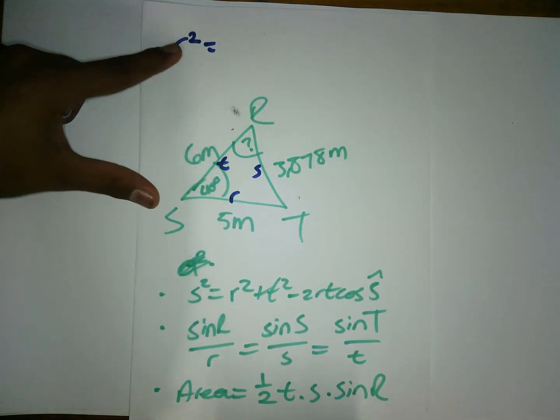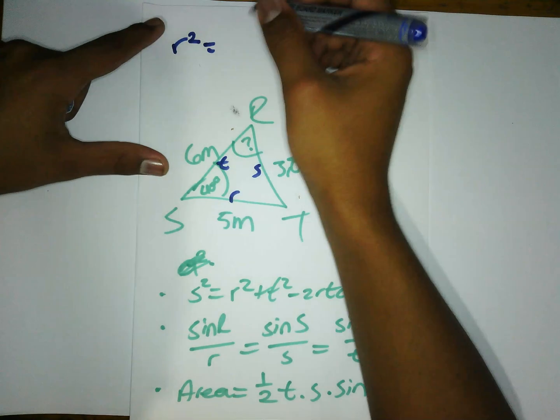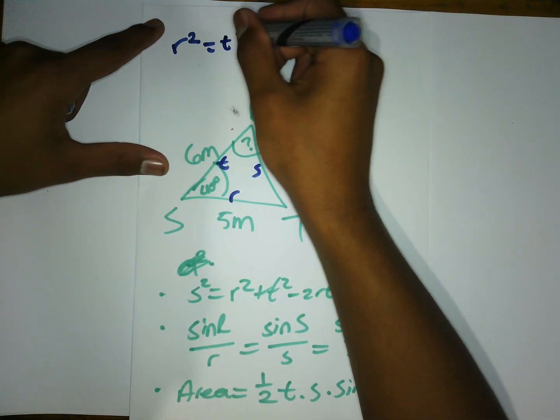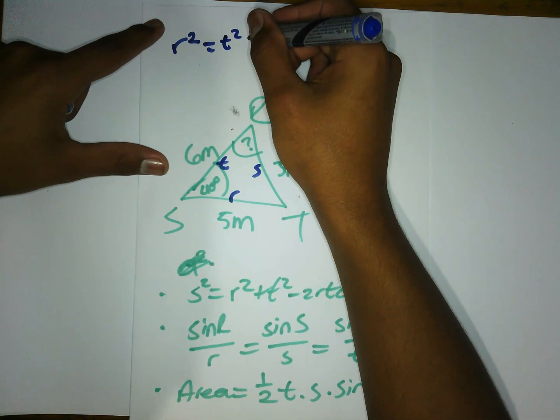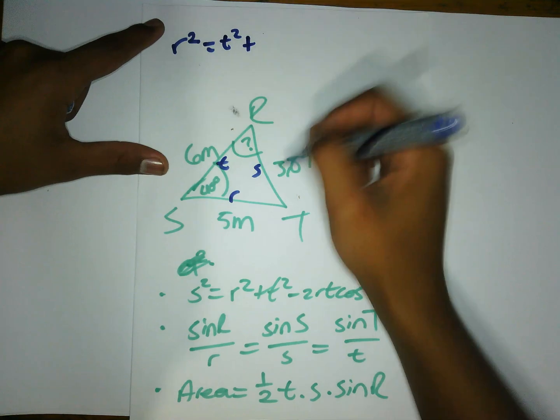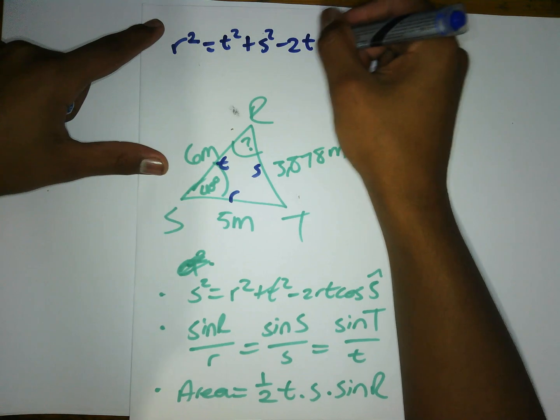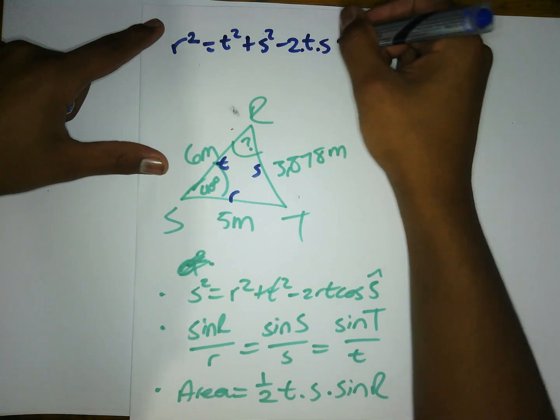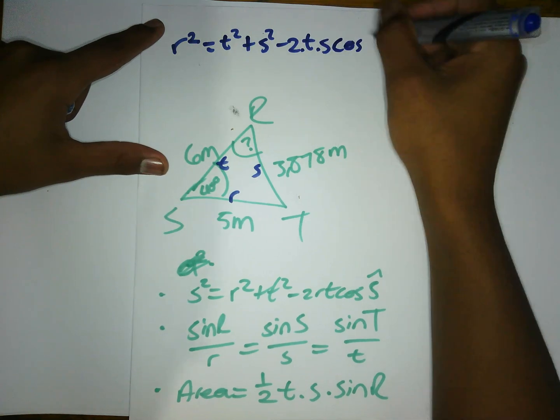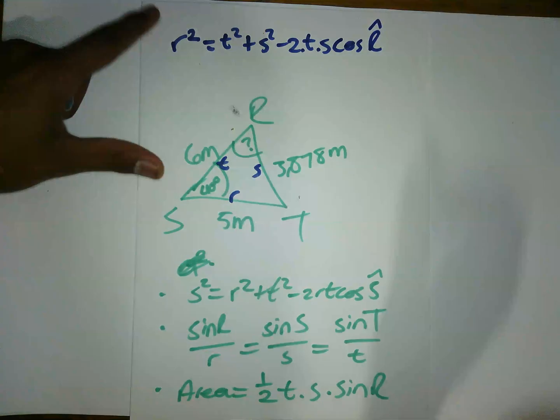So r squared equals t squared plus s squared minus 2ts cos angle r, all right?